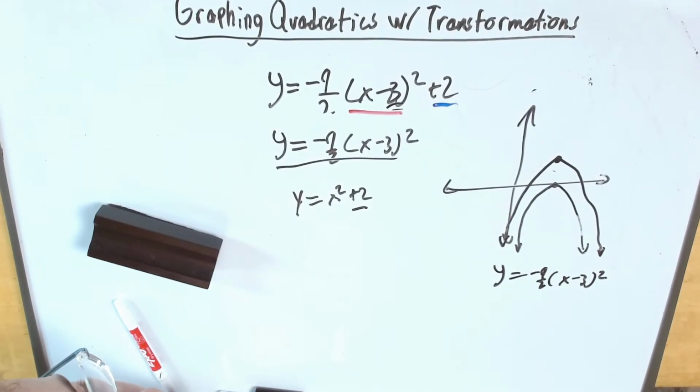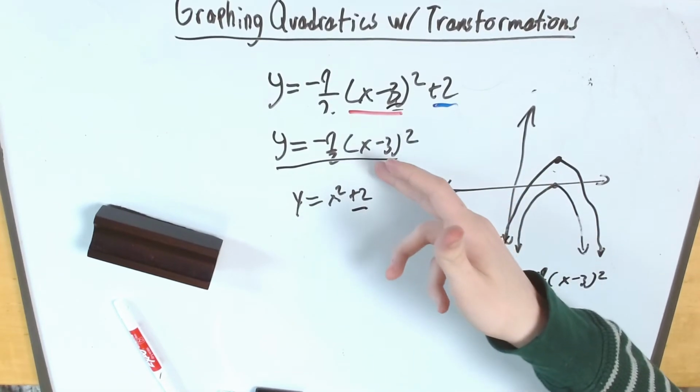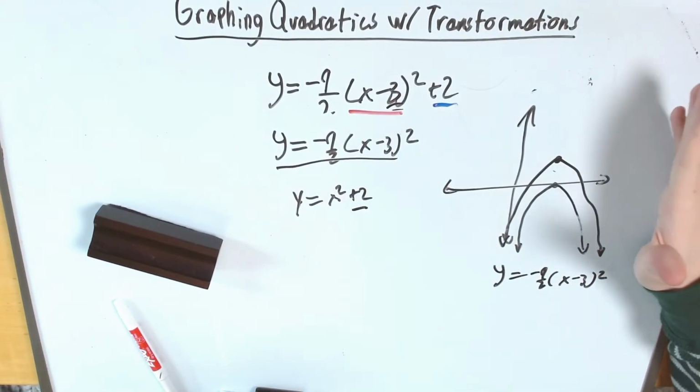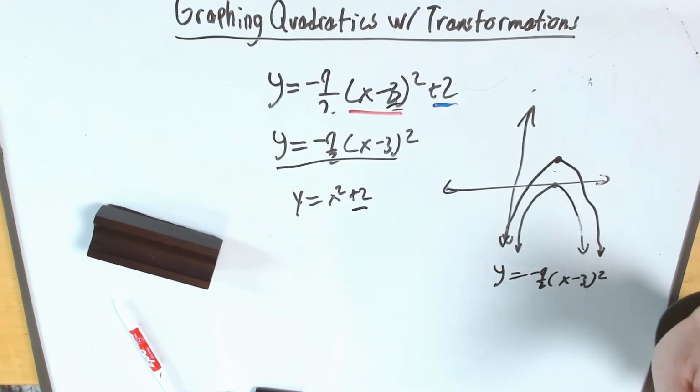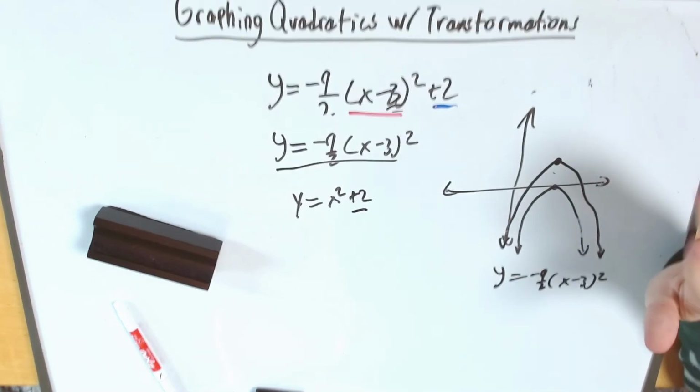And the great thing about this method of using transformations is that it's incredibly consistent, right? You start with your x squared, you do the necessary transformations to move each graph along, and you end up with what is absolutely guaranteed to be the proper graph.